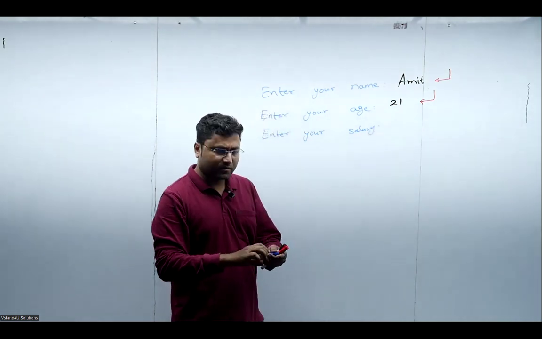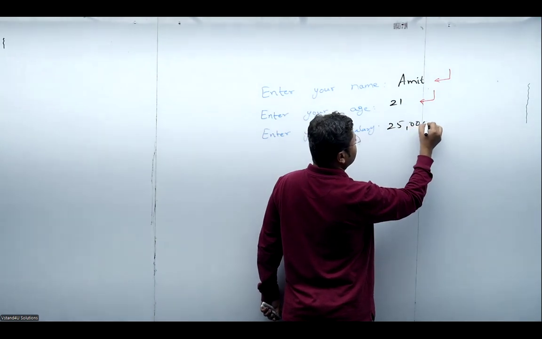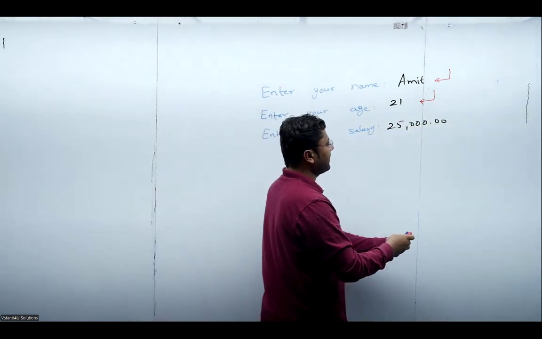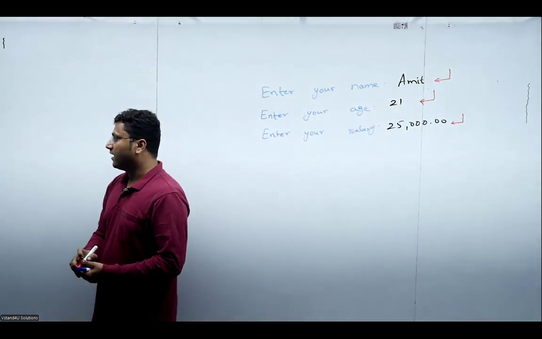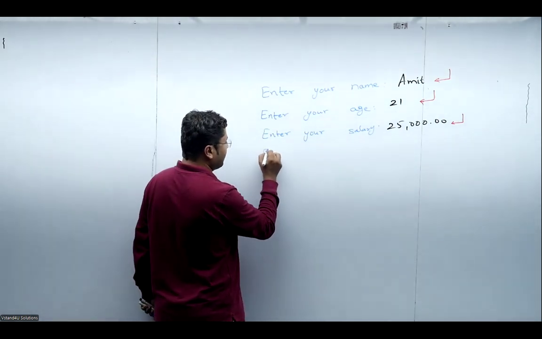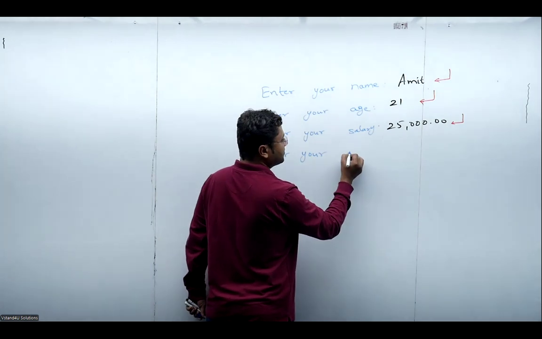Say the user gives some data, consider 25,000 rupees. Again, the user will press the enter key. Am I clear, everybody? Now, after this, lastly, what I'm asking is, enter your gender.